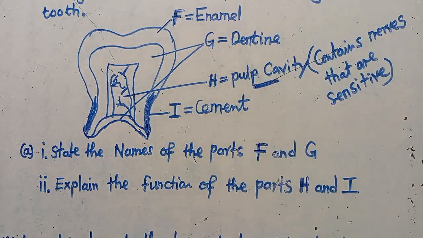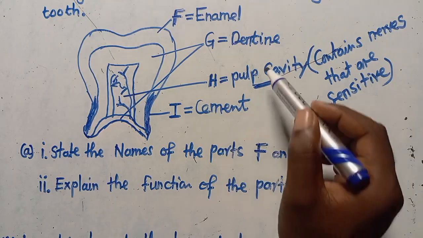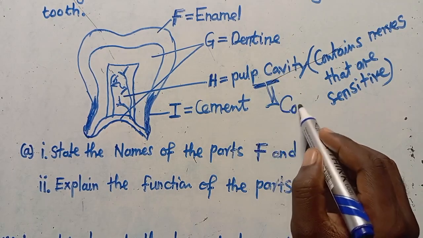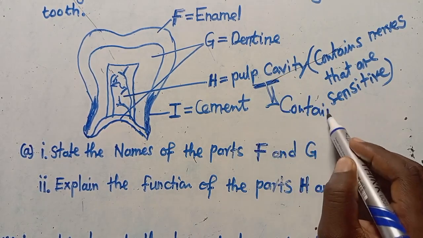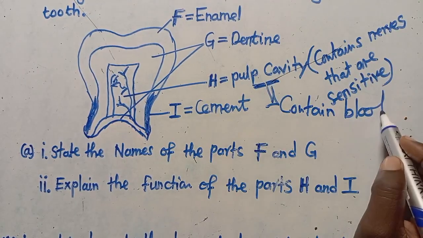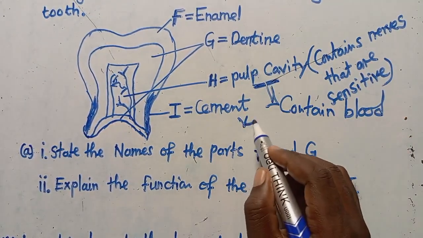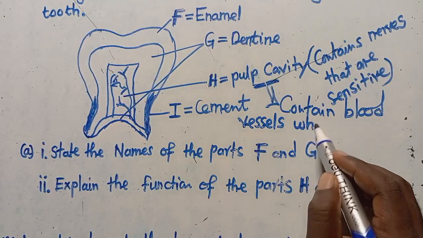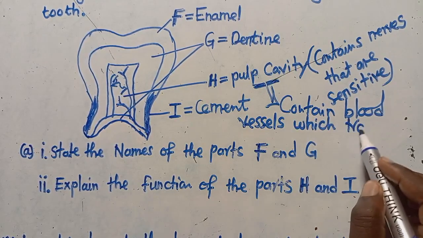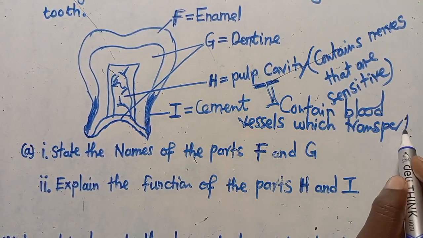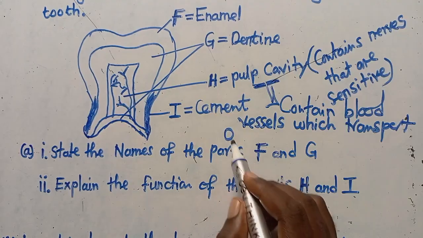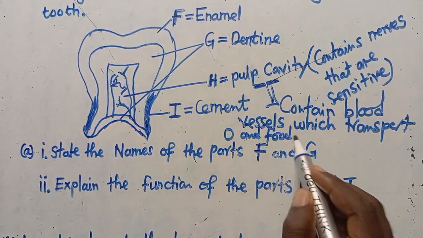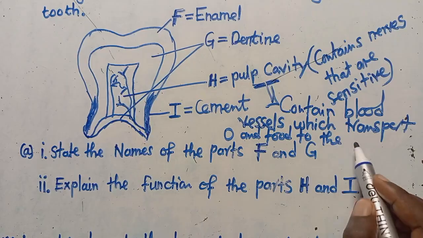It contains blood vessels which transport oxygen and food to the tooth.